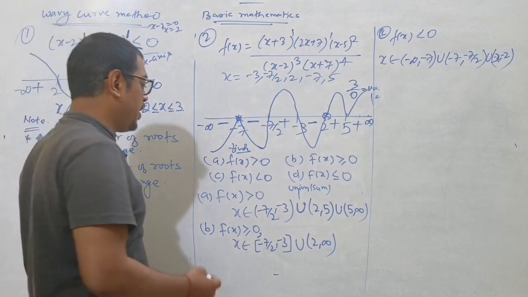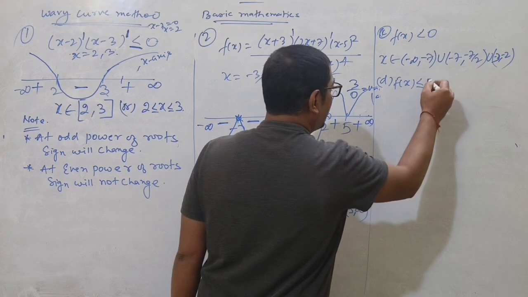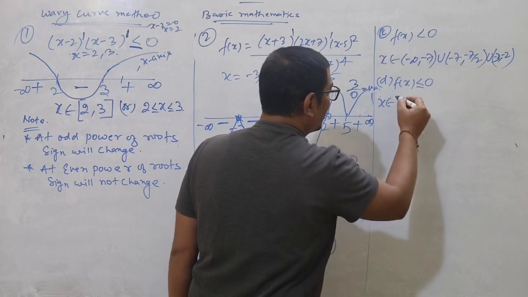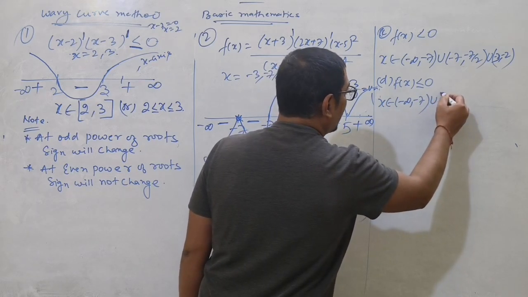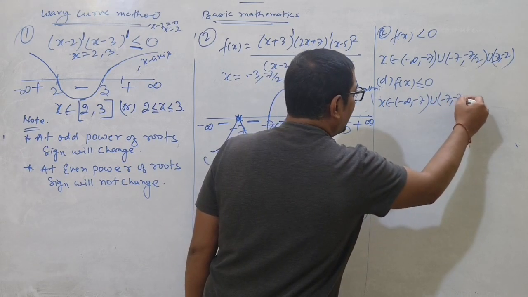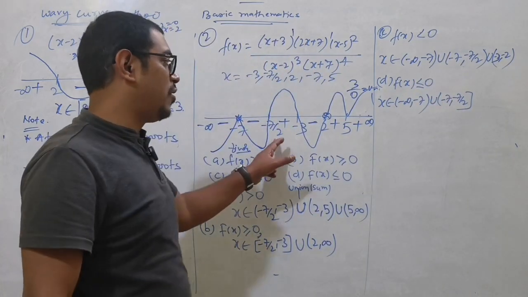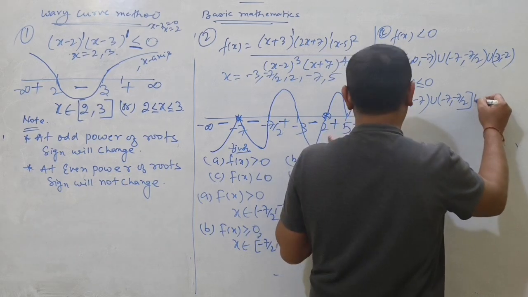Now come to D. D is your f of x less than or equal to 0. So less than or equal to 0, but you can't take minus 7. So here you have to write the same, but here you can write a big bracket because we can take minus 7 by 2. And here also a big bracket, but 2 is a small bracket.